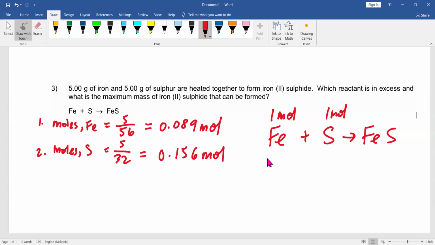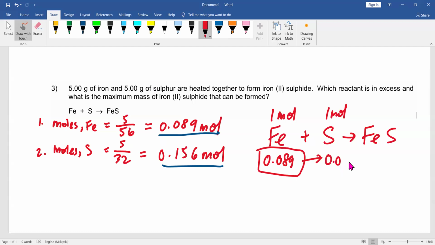Now, if you use 0.089, okay, so there's two options. This is the bread, this is the egg. If I got 0.089 and I use 0.089, I will make 0.089. Correct.